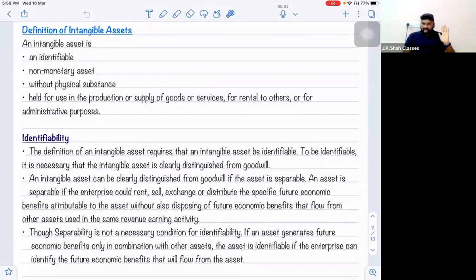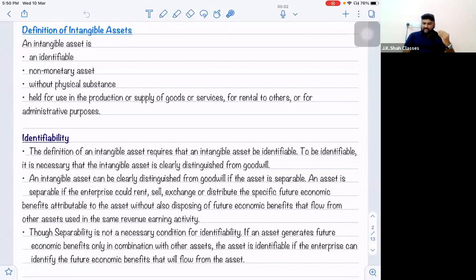You're absolutely correct. But in that definition, we would try to add some more points, right? So one point is very much common, that intangible assets will not have a physical substance. But apart from the physical substance, there are one or two more points that have to be considered while saying that it is an intangible asset or not.